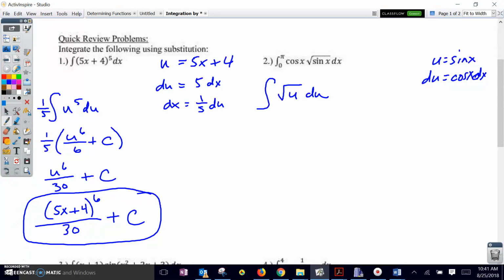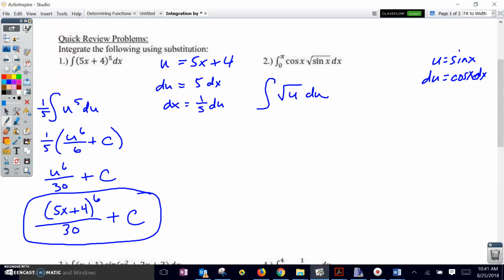Now, at this point in time, we need to talk about what goes on with those limits of integration. I can either leave them off until I bring my u back at the end and then substitute them back in to evaluate the integral. That's probably a more cumbersome method.